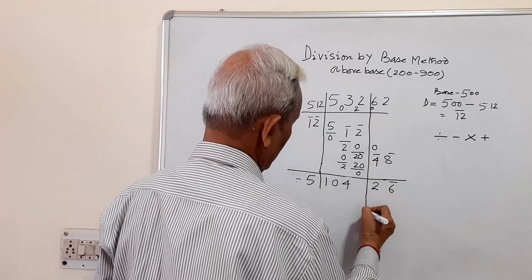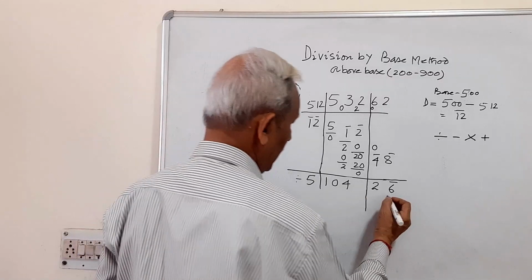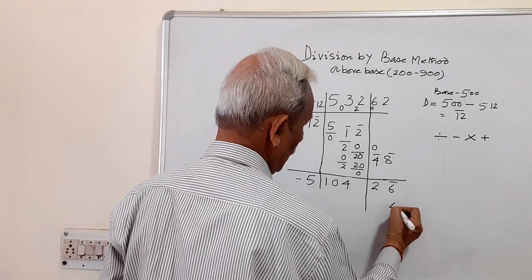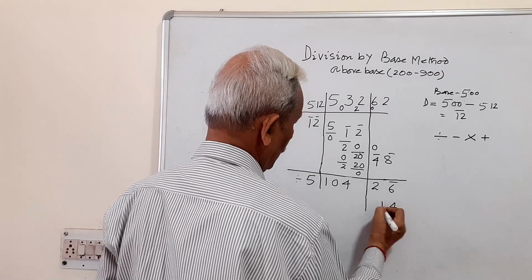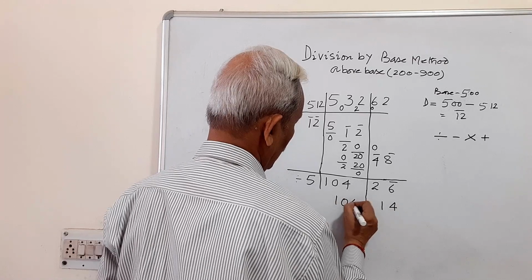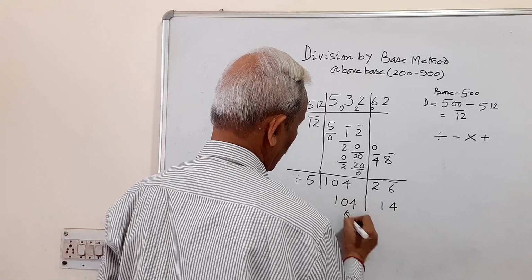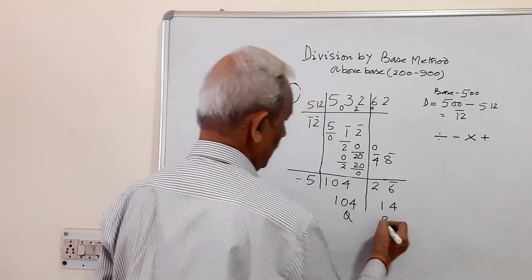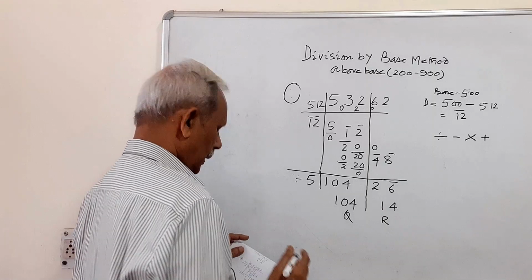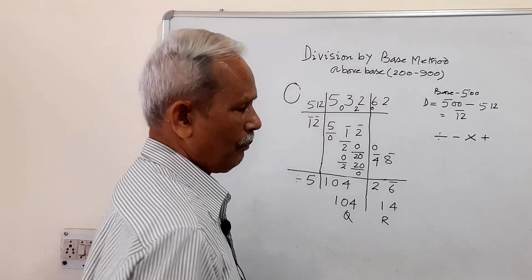So 26 bar and 104. Devinculate it. 10 minus 6 is 4. Reduce this by 1, 14, and this is 104. Quotient is 104. Remainder is 14.